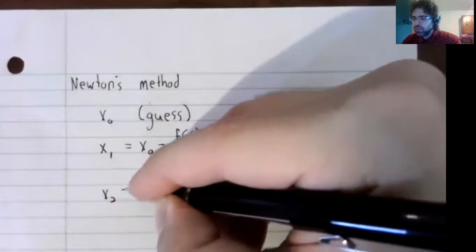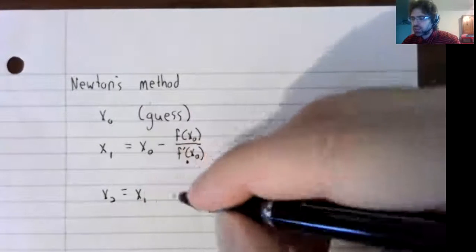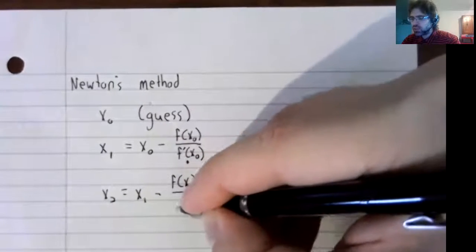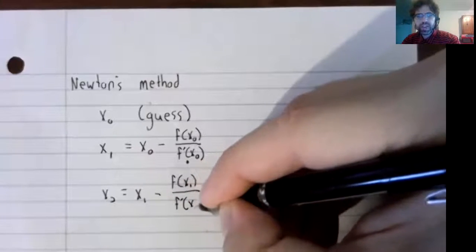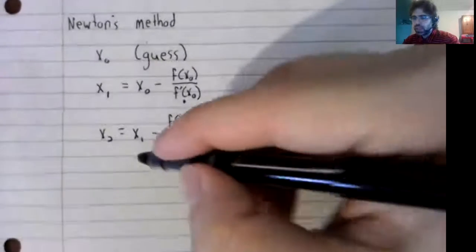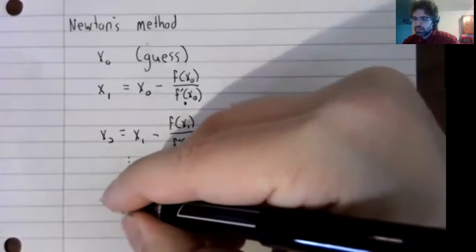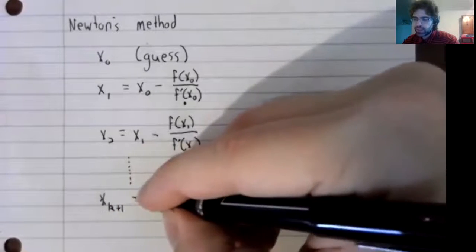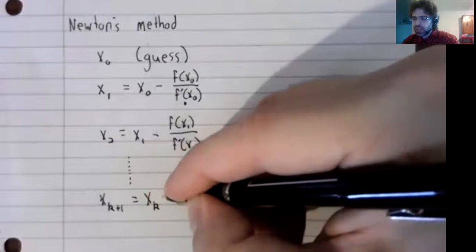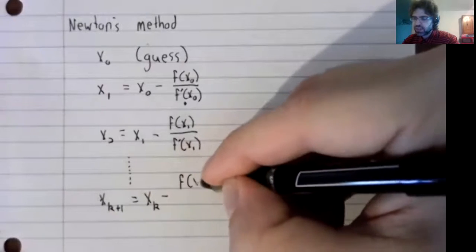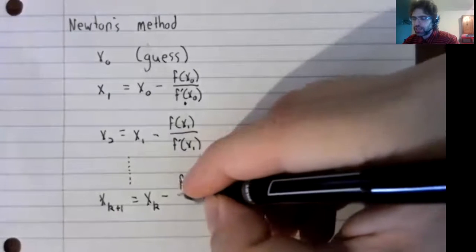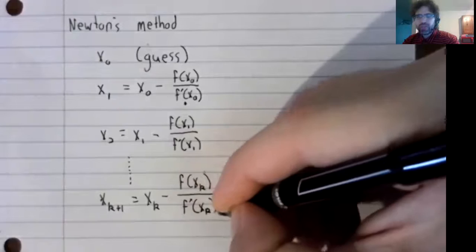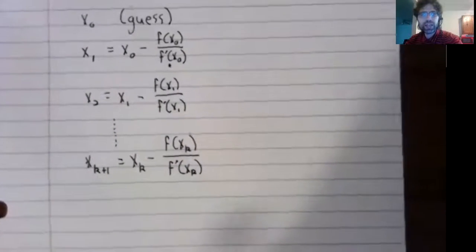Once you've defined x1, you can define x2 in terms of x1, and in general, x sub k plus 1 equals x sub k minus f of x sub k divided by f prime of x sub k.